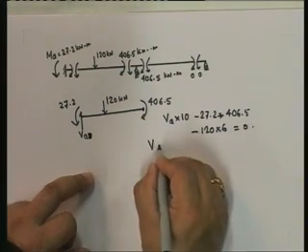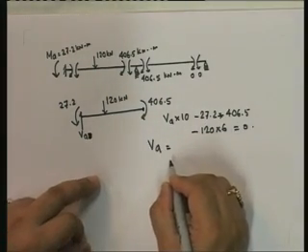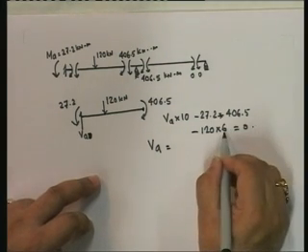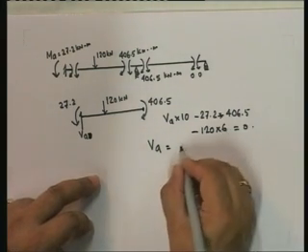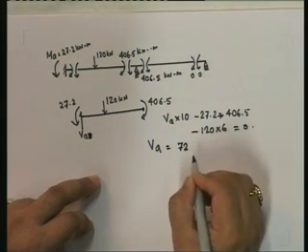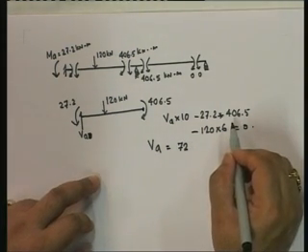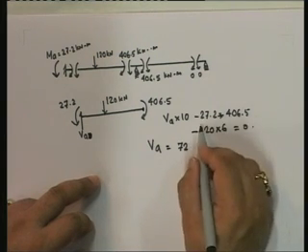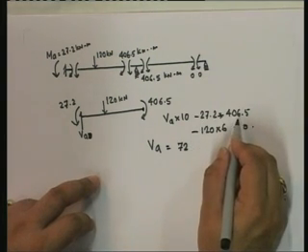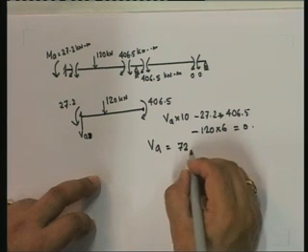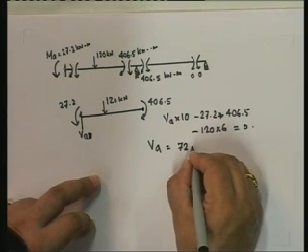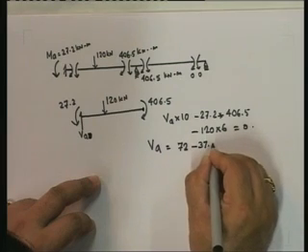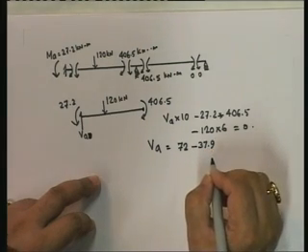So this gives me the shear force: 720, then minus 379.3, divided by 10, so it's going to give you minus 37.9.